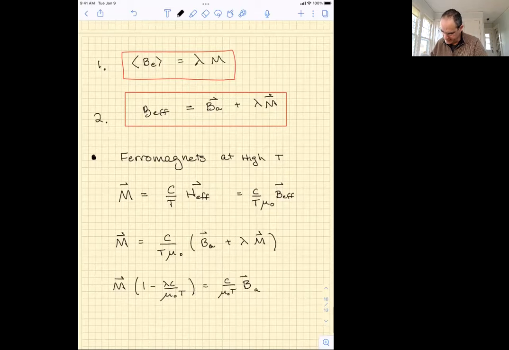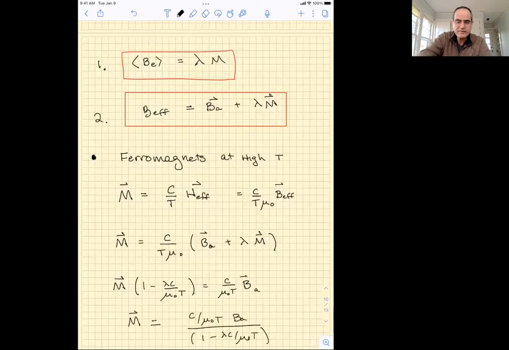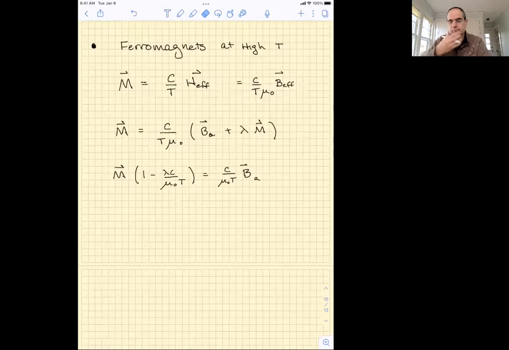Which we can write in the following way. Magnetization is equal to C over mu naught T times the applied field divided by this term, 1 minus lambda C over mu naught T. And then we'll just simplify it to get our result.